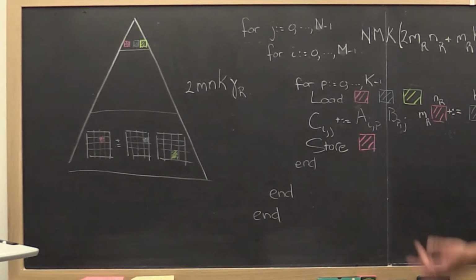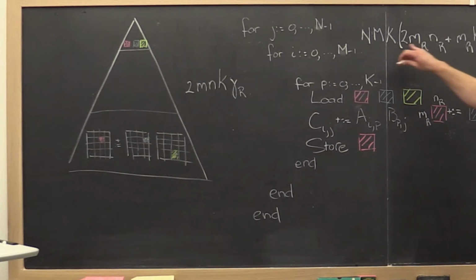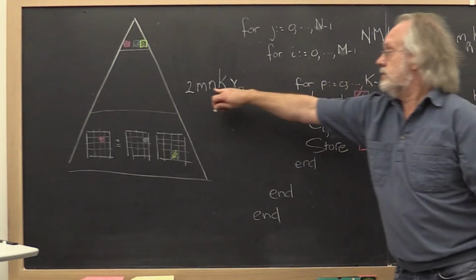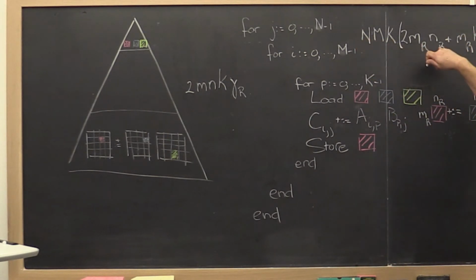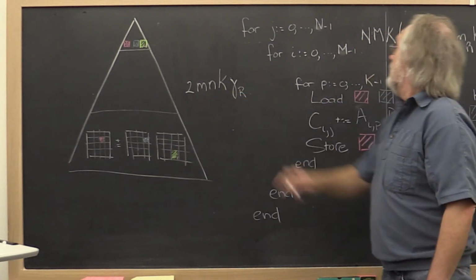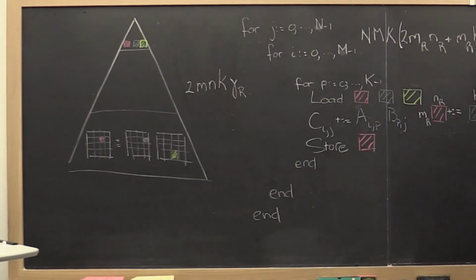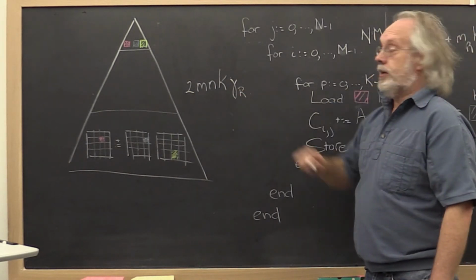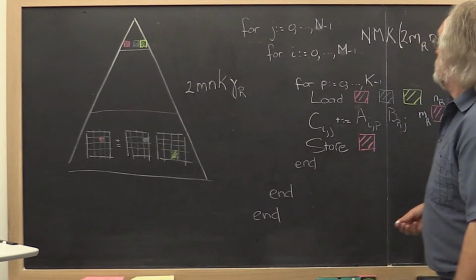And we could simplify this by realizing that big M times MR is just little m. Big N times NR is just little n. And big K times KR is just little k. It's the total size of the matrix.